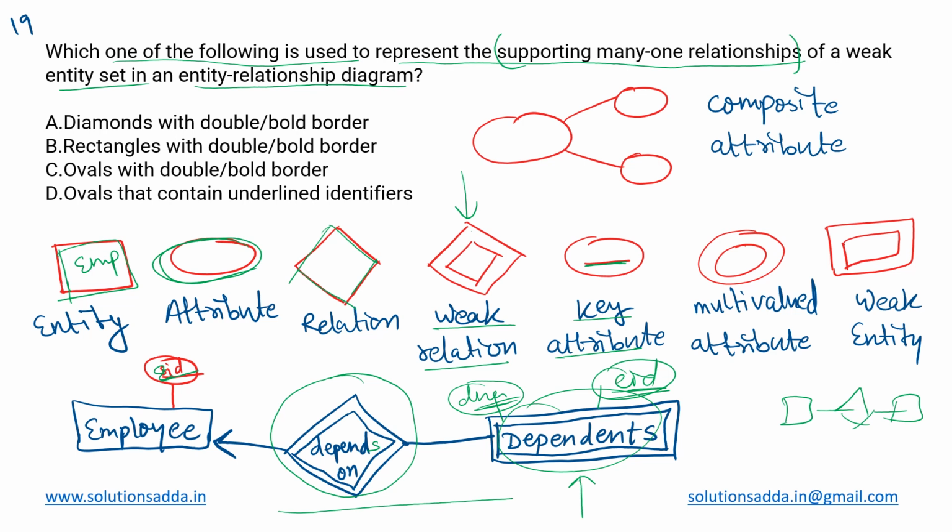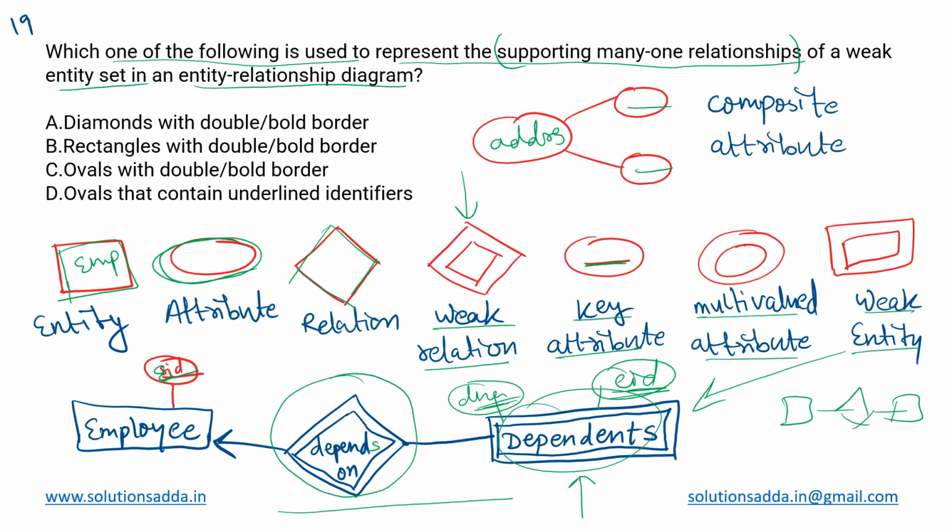So for such attributes we use this double bordered oval symbol. And for the weak entity, as we saw just over here, the dependents, for that we use a double bordered rectangle symbol. And again, if your attribute is composite, for example, the standard one which we use is address. It consists of street number and everything. So that's a composition of multiple attributes.